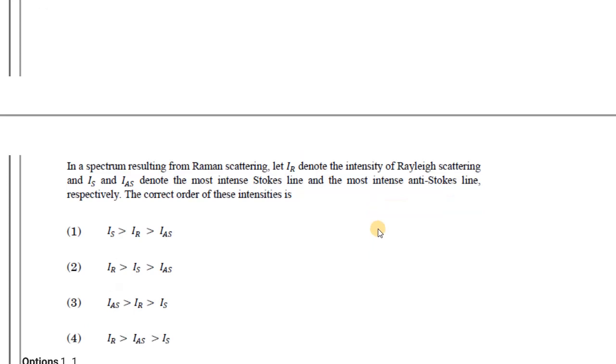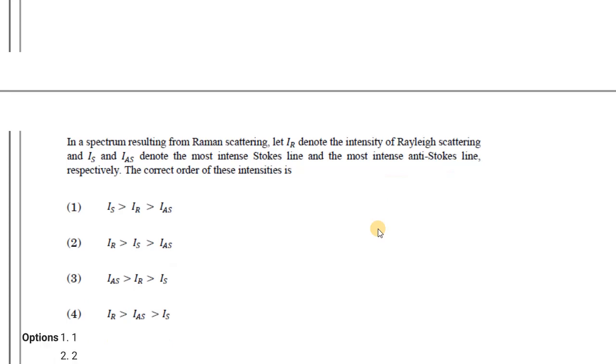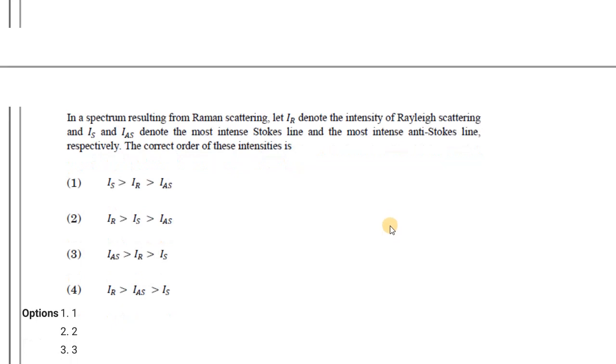You know that the Stokes lines are more intense than the anti-Stokes lines. So Stokes is more intense than anti-Stokes line, will always be there in option 1 and option 2, in these 2 options only. The Stokes is higher in intensity than anti-Stokes.